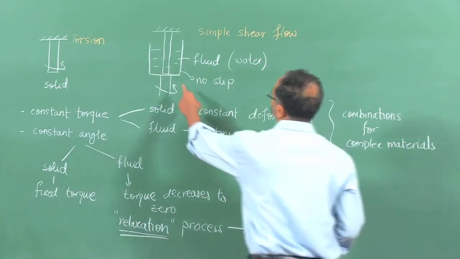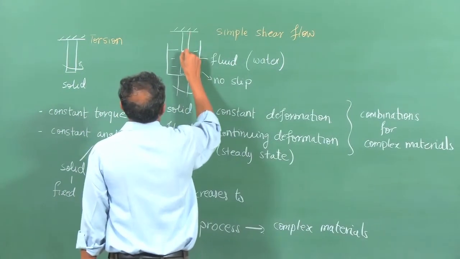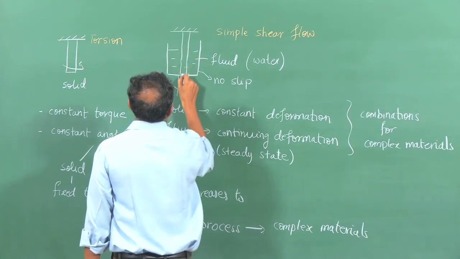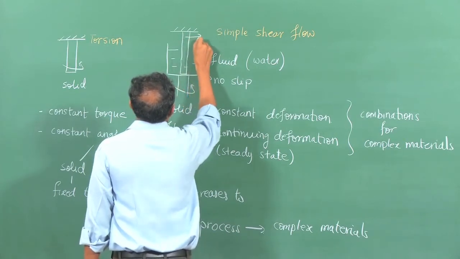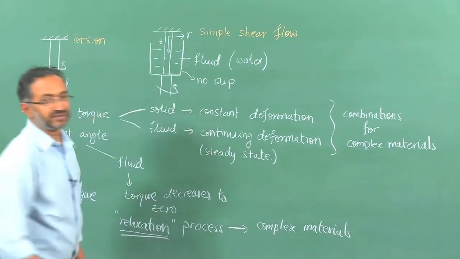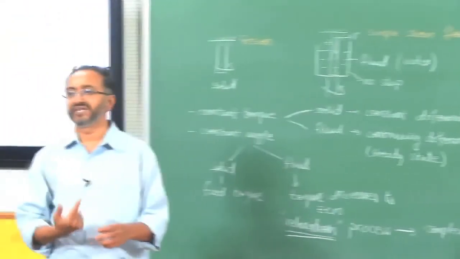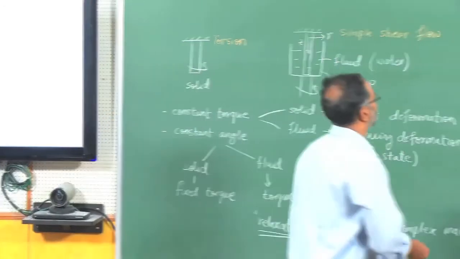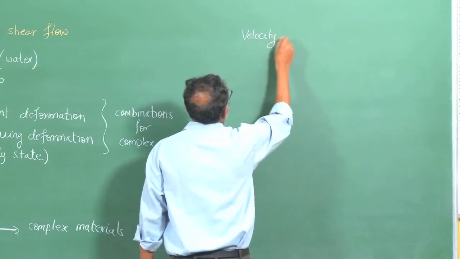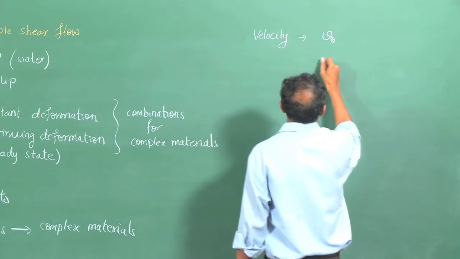can say is, if we look at a coordinate system with R and then Z, a cylindrical coordinate system, we have velocity only in the theta direction, and this is only a function of r.